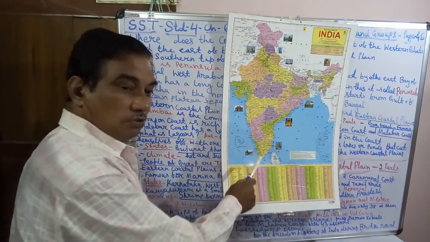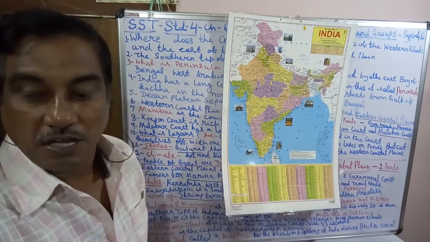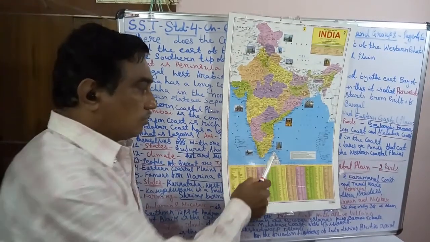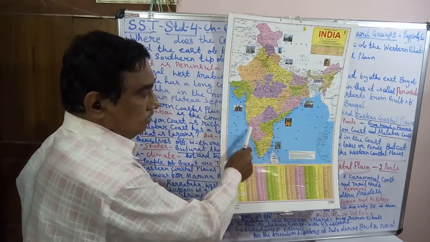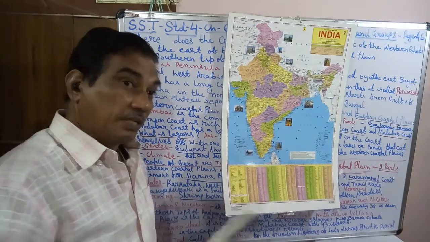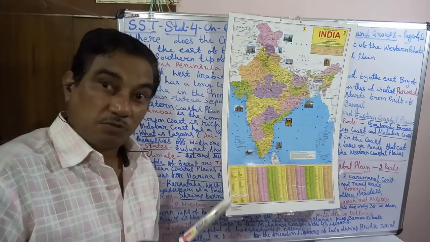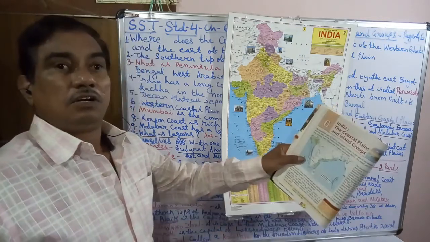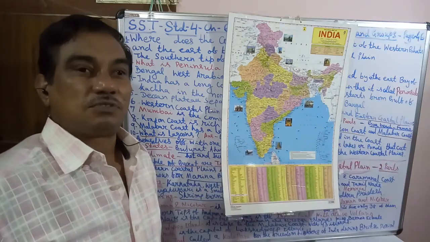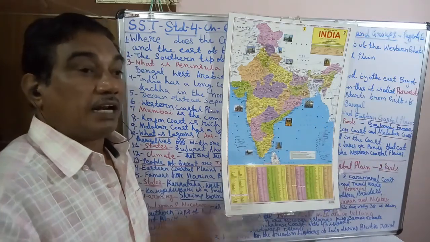Here are the lagoons. On the Malabar coast there are lagoons, some lakes. Where the sea and the river meet at one point, that is called a lagoon. What are lagoons?